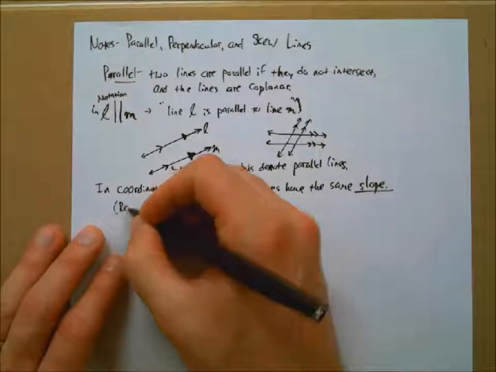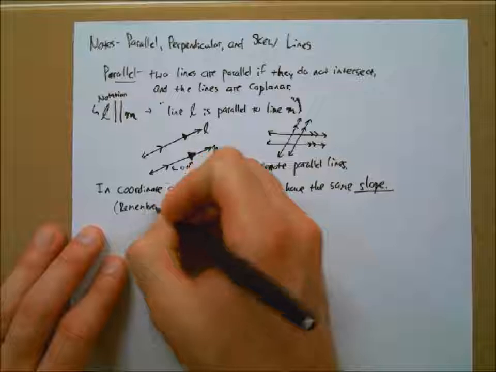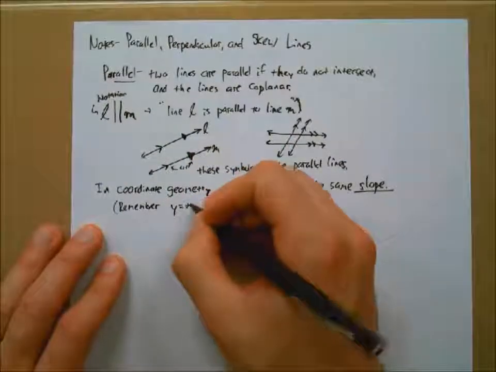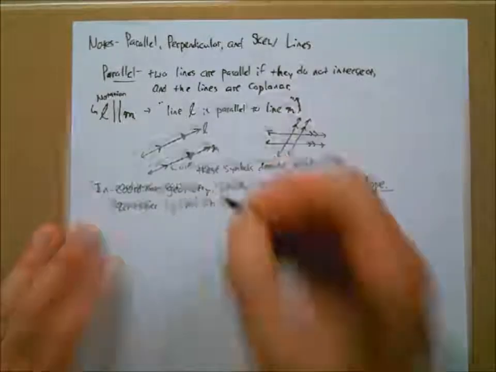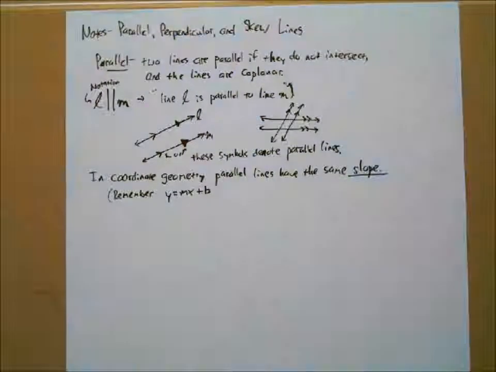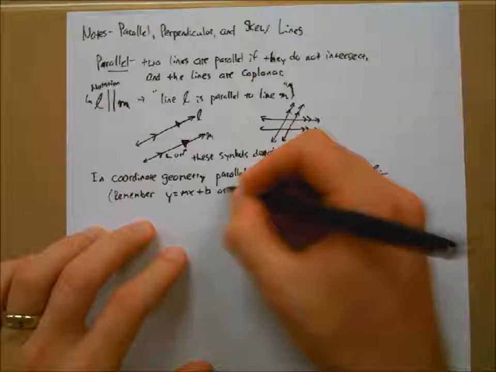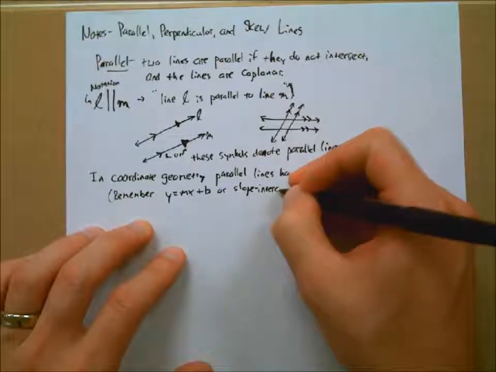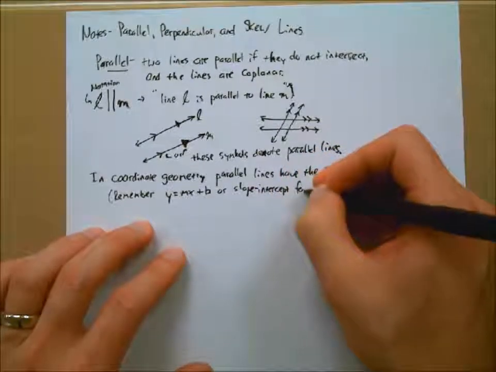Okay, so remember y equals mx plus b, slope-intercept form of a line.